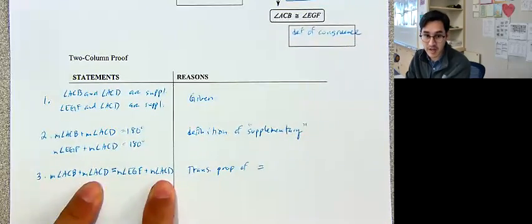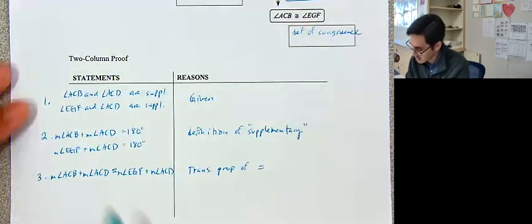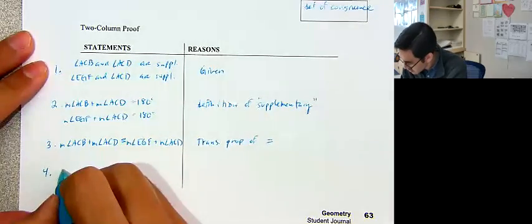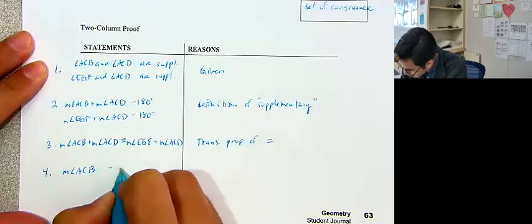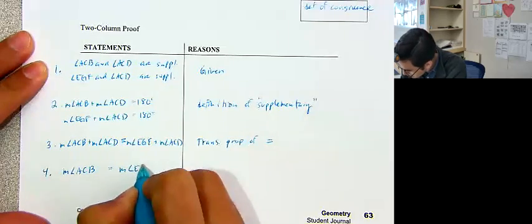Right. And then we see that we have a common term on both sides, the measure of ACD. And so we can subtract that from both sides, leaving us with a much simpler equation. The measure of angle ACB is equal to the measure of angle EGF.